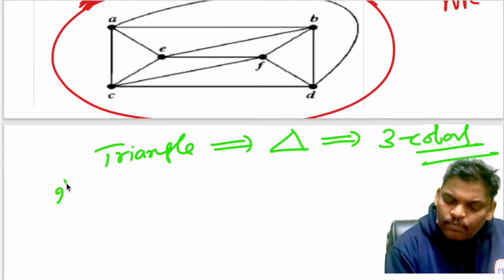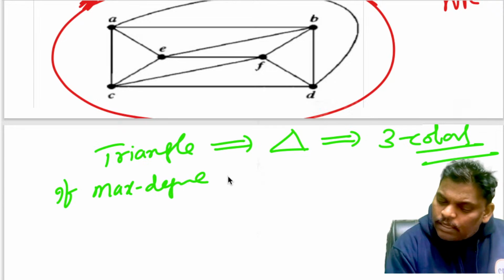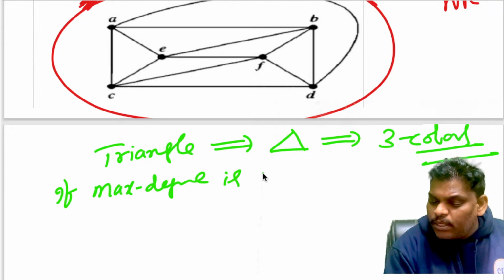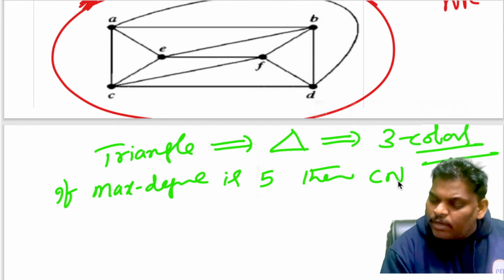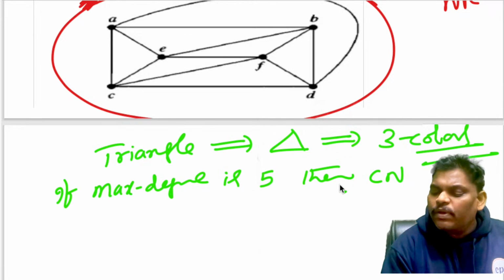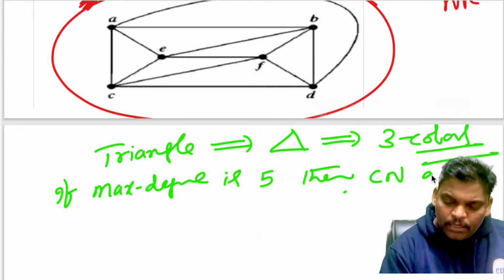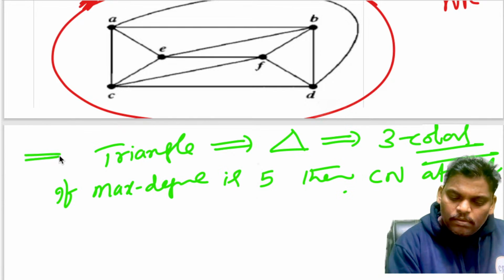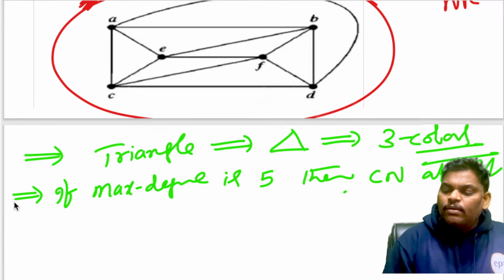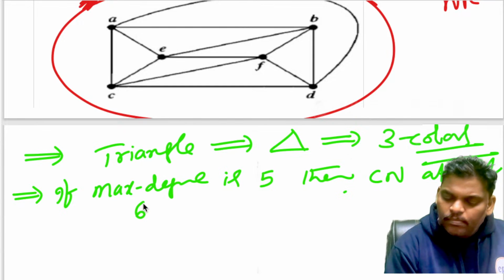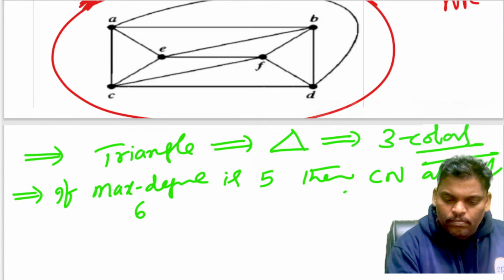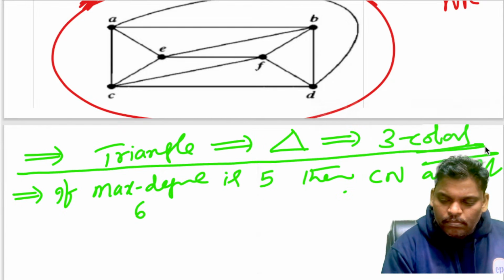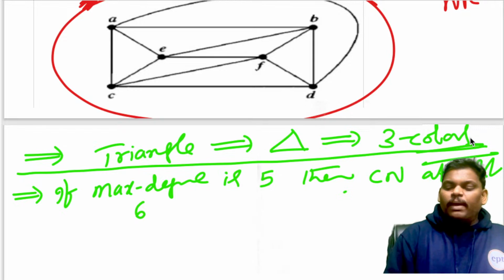Next one, one more thing. If the maximum degree is 5, then the chromatic number will be at most 6.